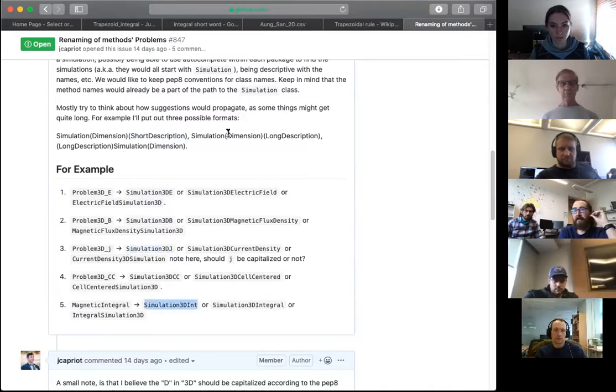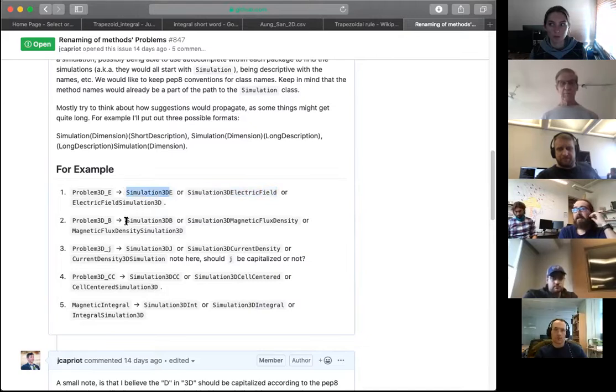Another option would be a longer description: instead of E, it would be called electric field, or magnetic flux density, or cell-centered, or integral simulation. That sounds nice to say, but it gets to be a really long name, so that's a detractor. Those are the kinds of things we've been looking at for naming.